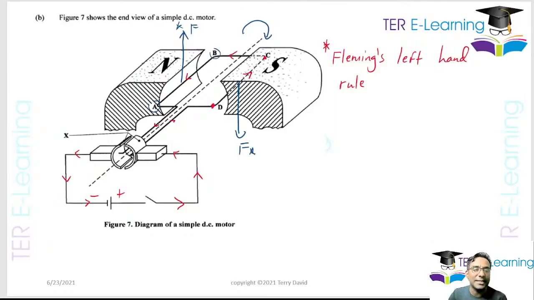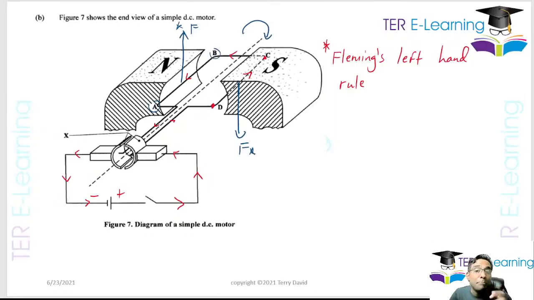All I need to do is remove the split ring and use something called slip rings. So basically it's two rings side by side like this. So using two slip rings, we convert this into an AC generator.